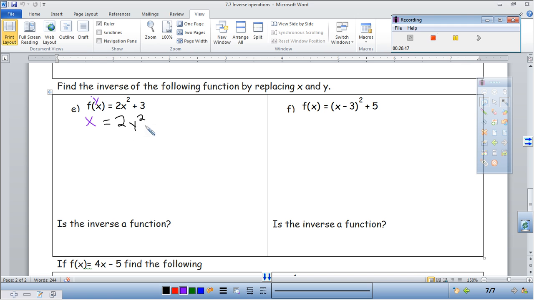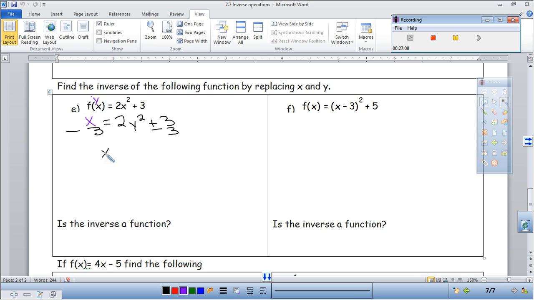squared, and then plus 3. So I just replaced the x and y variables. Now I'm going to solve for y, so I want it to be y equals. So now I'm going to subtract the 3 from both sides.